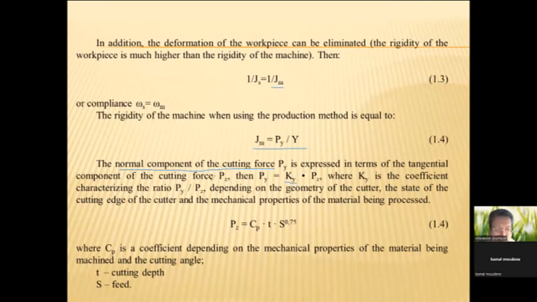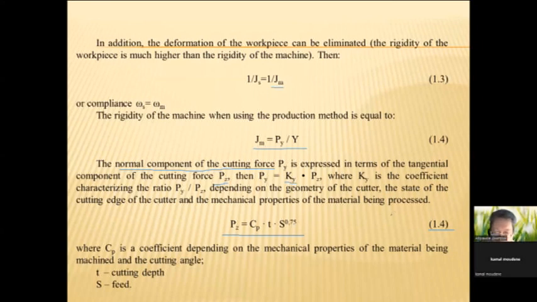To calculate cutting force P suffix Z, we use the formula 1.4. Pz is equal C suffix P multiplied by T and multiplied by S to the power of 0.75.